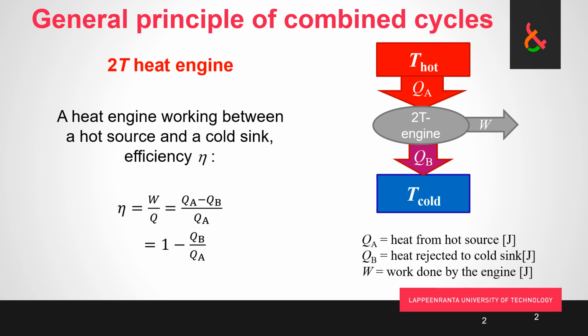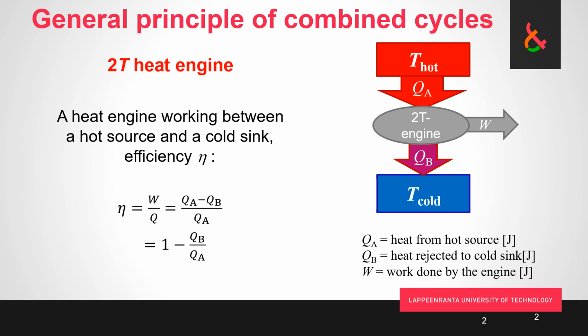So to begin with, the general principle of combined cycles, we'll start with the two-temperature heat engine that we had at the end of the very first lecture of the whole course. So the definition of efficiency for a two-temperature heat engine, where you take heat from a heat reservoir at temperature T hot, you take the amount of heat QA, and with a two-temperature heat engine we can produce some amount W of work, and the rest of the heat we reject back to the environment.